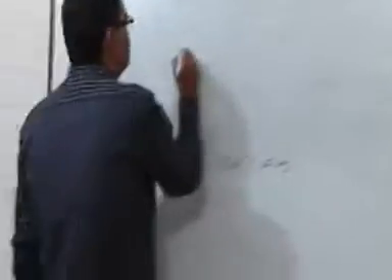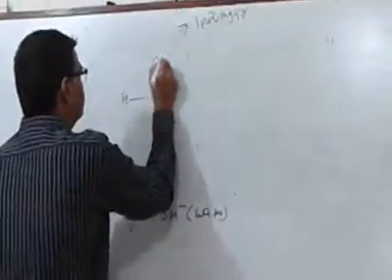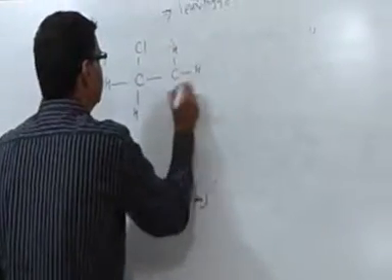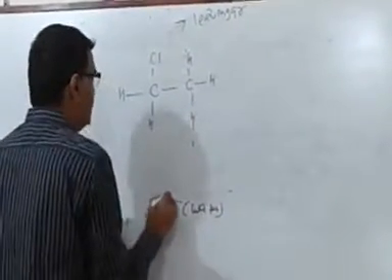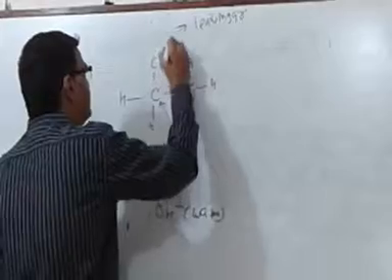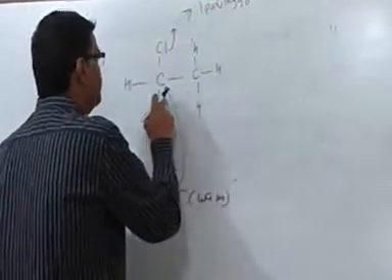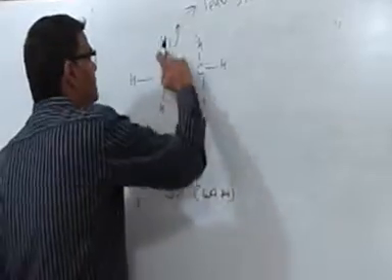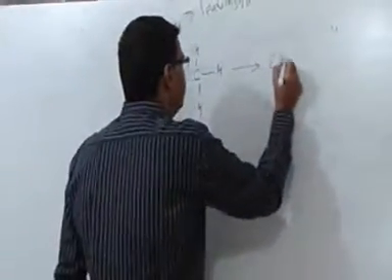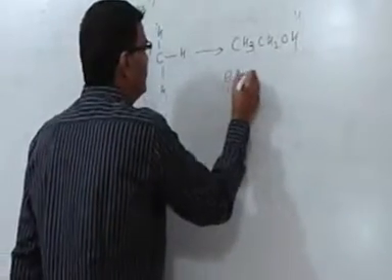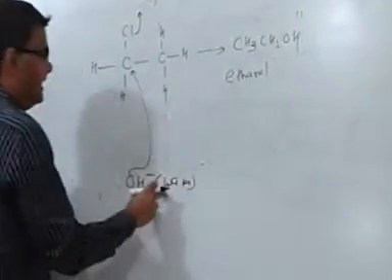When OH minus is aqueous, this OH minus will go here, will displace this bond, and what you will get is CH3CH2. As OH comes and Cl goes away, what you will get is CH3CH2OH, which is ethanol, happening in aqueous OH minus.